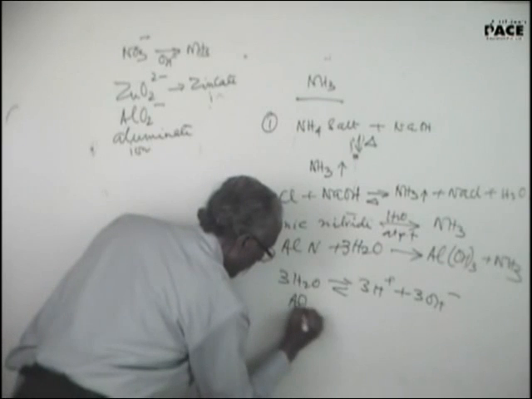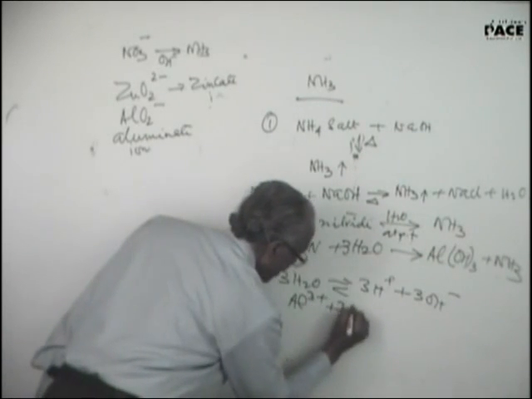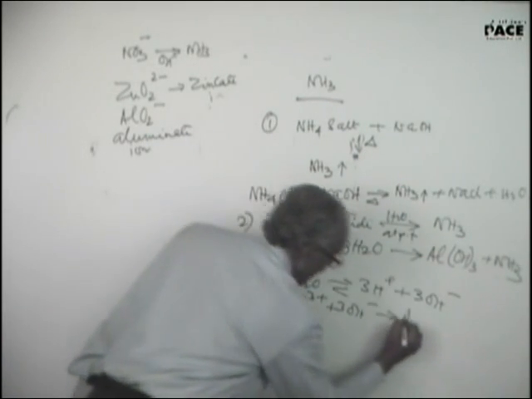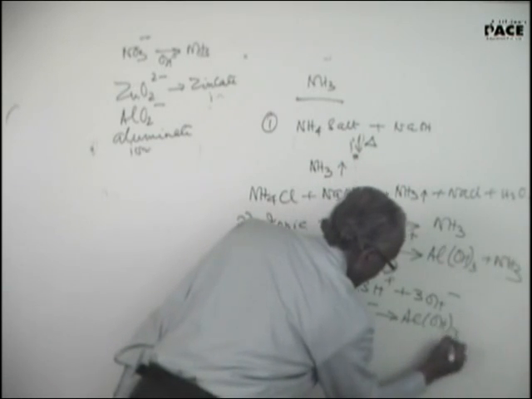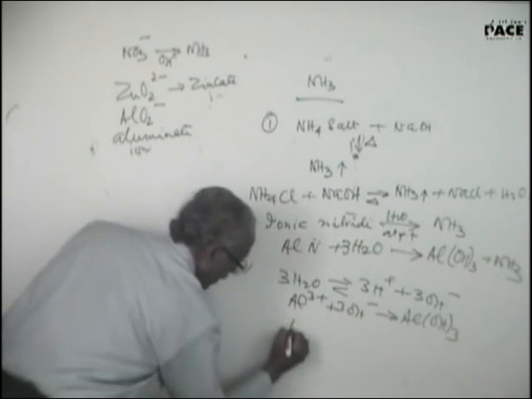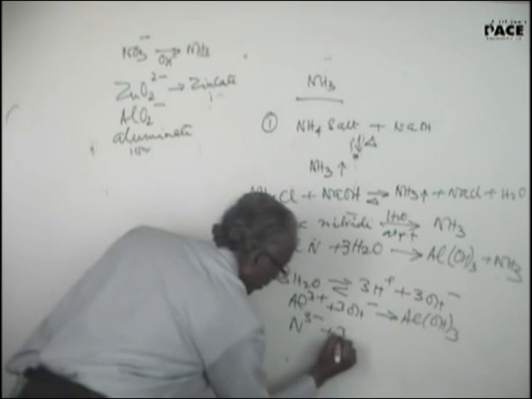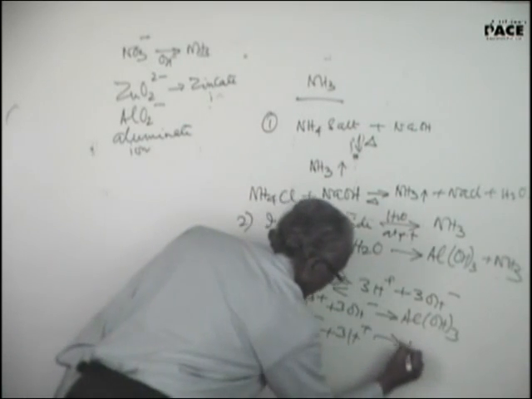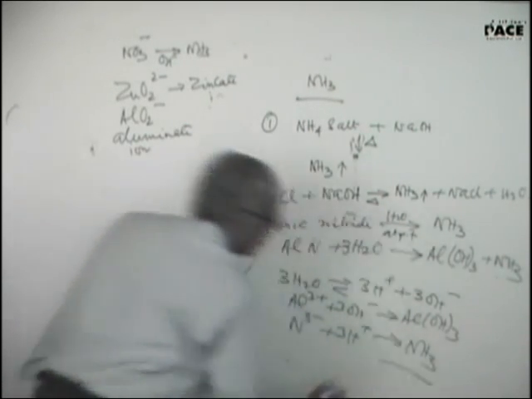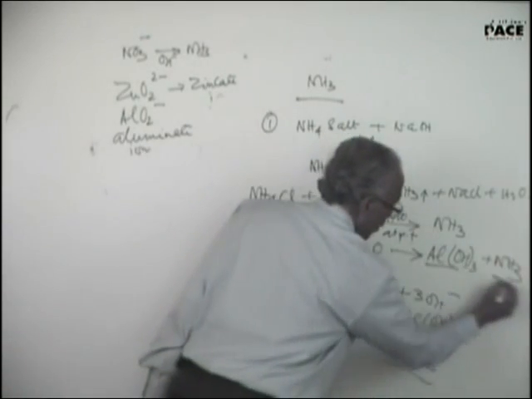And aluminium 3 plus with 3 hydroxide ion gives me aluminium hydroxide. And the nitride ion plus 3 proton gives me ammonia. That is how I get aluminium hydroxide and ammonia.